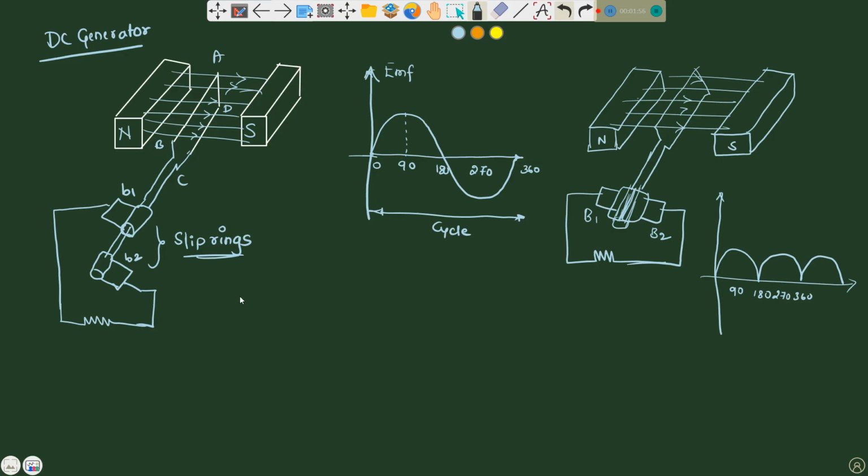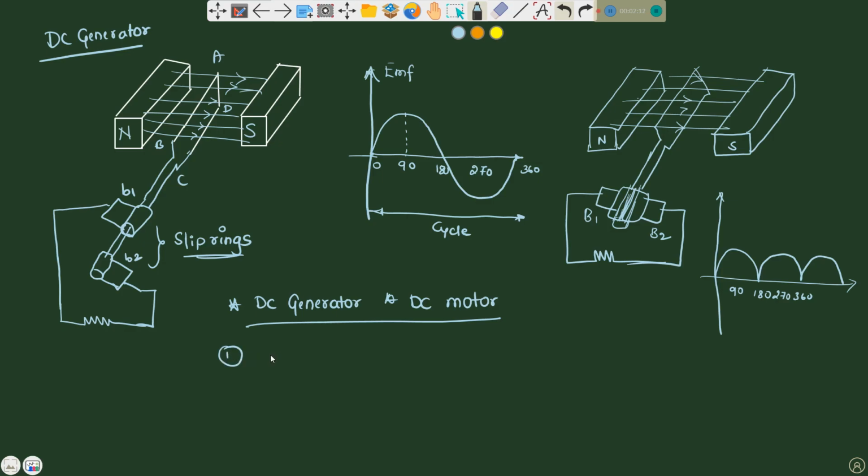Whether it may be a DC generator or a DC motor, you require three main objectives.